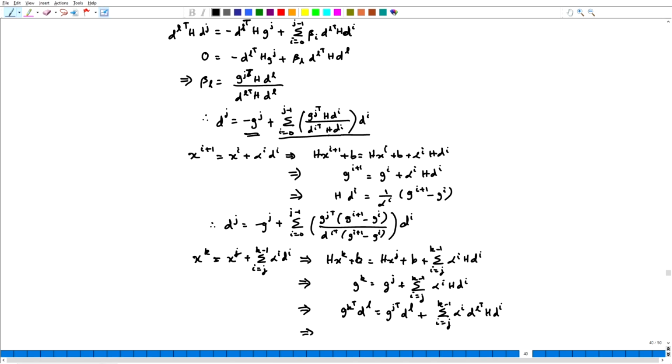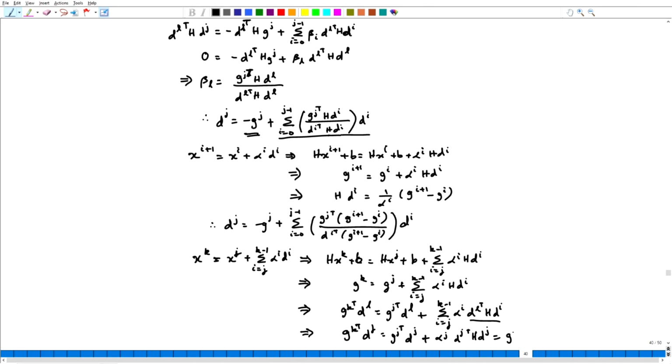So, in that case we have gk transpose dj equals gj transpose dj plus, except for j, all the other dl transpose h di terms equal 0. So you have alpha j into dj transpose h dj. But recall what alpha j is: alpha j is minus gj transpose dj by dj transpose h dj.